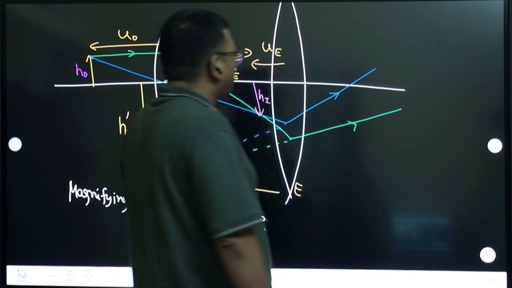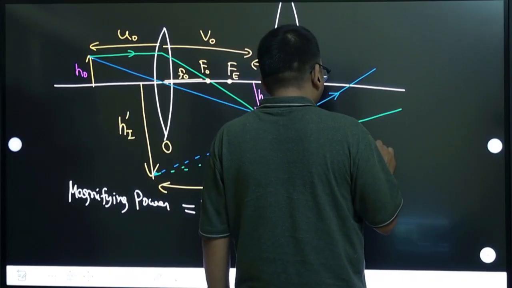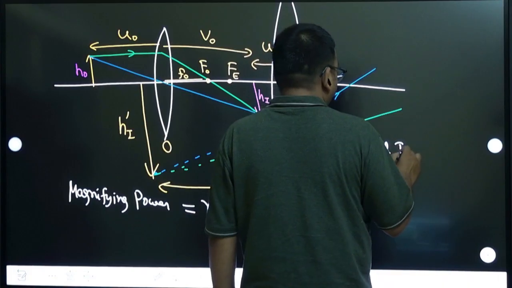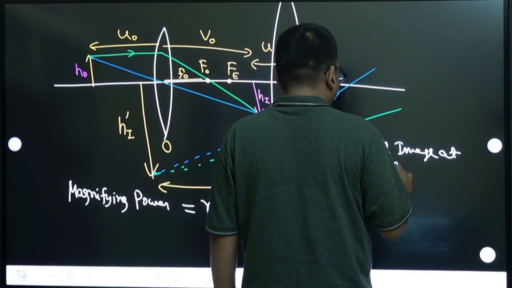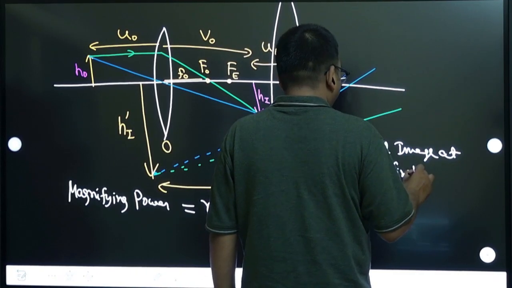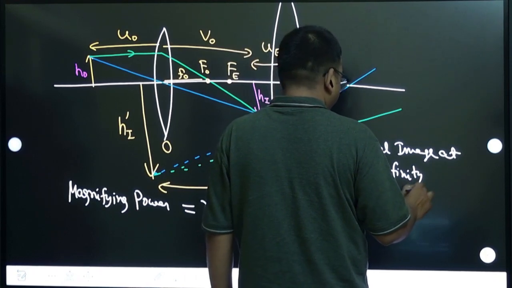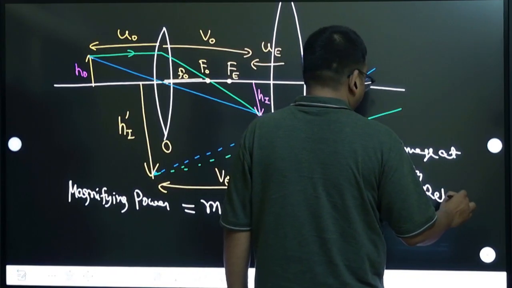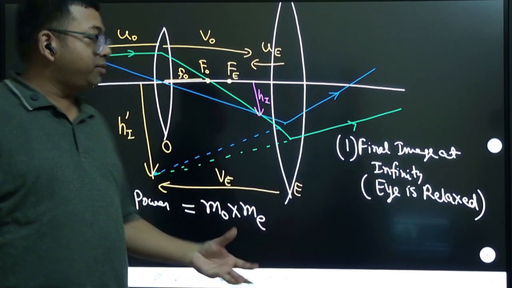Let us say that we take the first case where the final image is formed at infinity. Final image at infinity means the eye is relaxed. So in this case the final image is at infinity, the eye is relaxed.